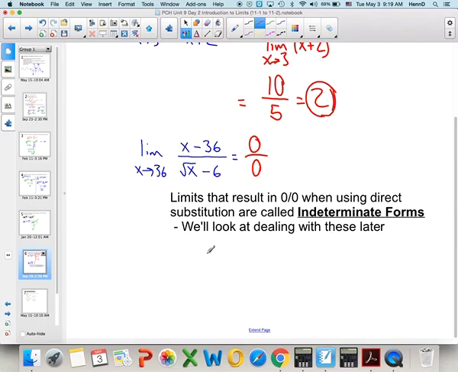So we'll just say later. This is what's known as an indeterminate form. You wouldn't just jump to the conclusion that, oh, it does not exist. Because actually for this one there is a limit here. But there's a little bit of a procedure that we have to follow in order to figure out what that limit is. Okay?